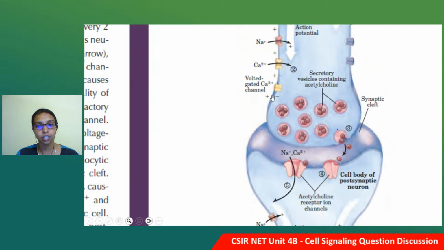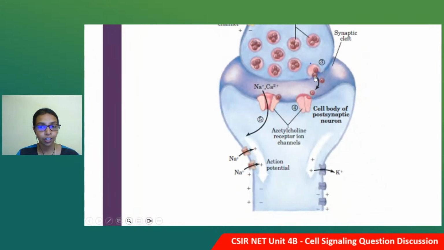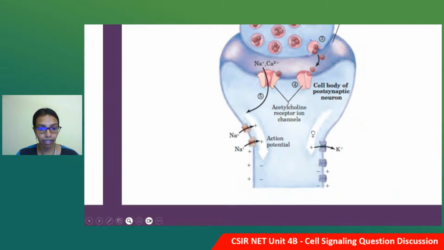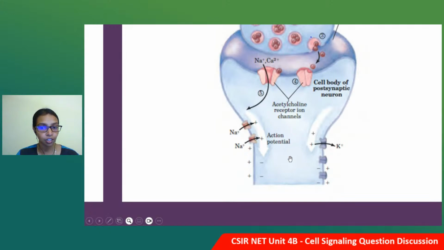The calcium channels help in the fusion of the secretory vesicles to the synaptic cleft, which releases the corresponding ligand, and it binds to the receptor present in the postsynaptic neuron. Again, the same kind of action potential takes place, and like this, the signal will be transmitted to the next neuron. And it keeps on transmitting until it reaches a saturation zone.